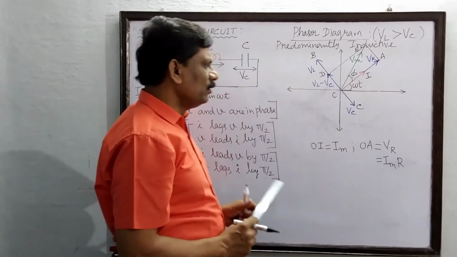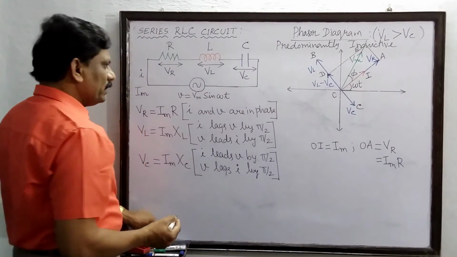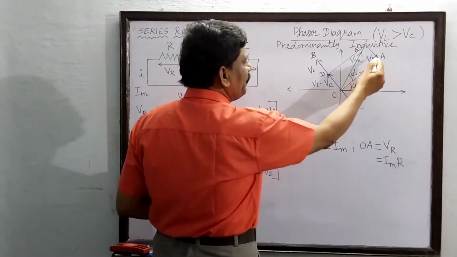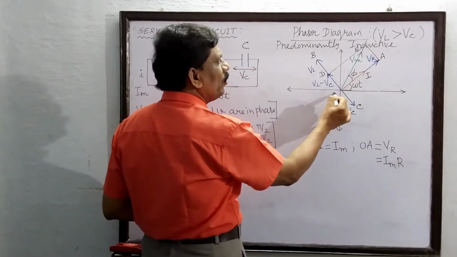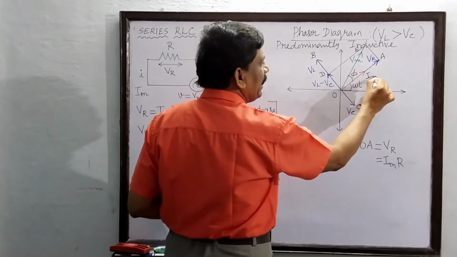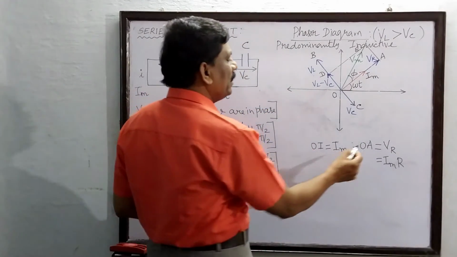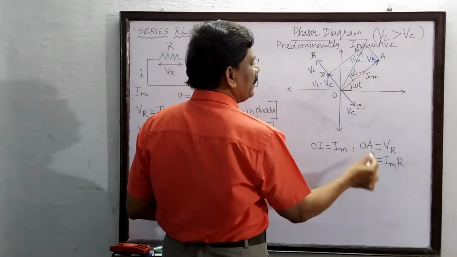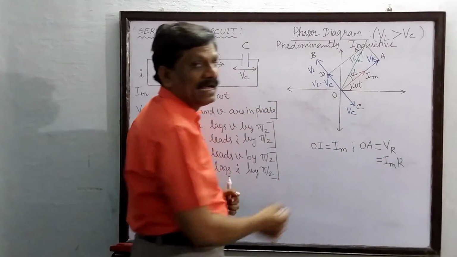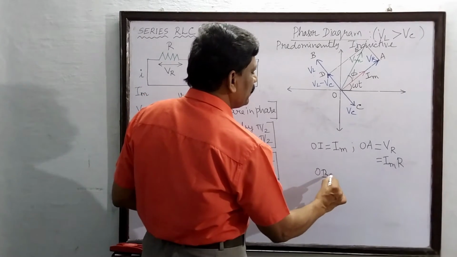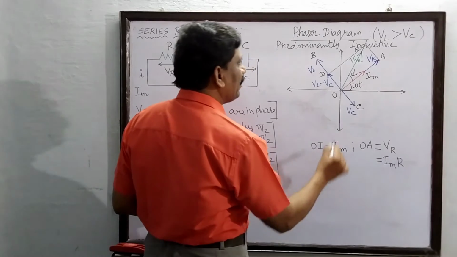Understand? Now I am going to find the expression for Vm. Before that, in this picture we have represented the magnitude of OI as I maximum. And OA is equal to VR. This VR is equal to I maximum into the resistor R. And similarly, the length OB, what is the length of the phasor OB?